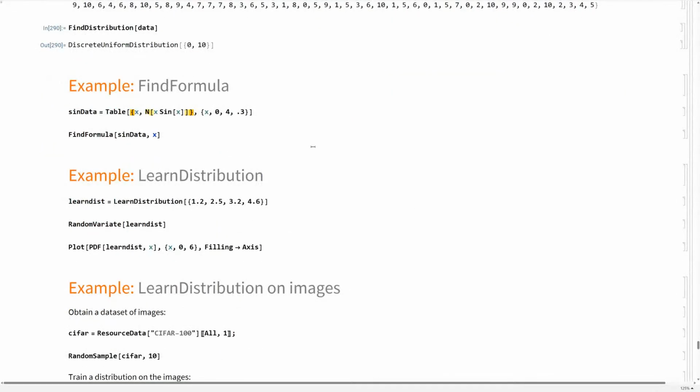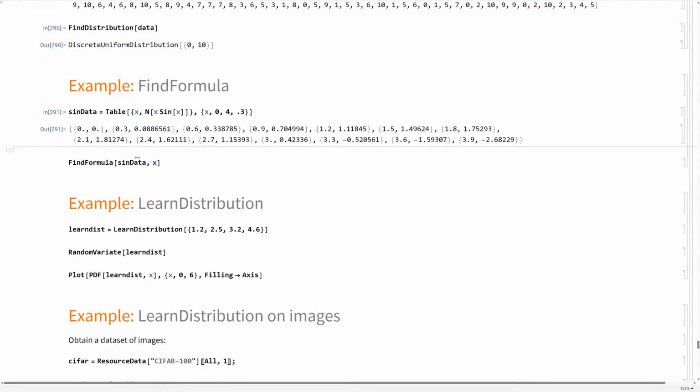The next example is find formula, where again we are generating some data. We're generating x times sine of x from 0 to 4 at a step of 0.3. All of these numbers, these coordinates, should be sitting on this formula.